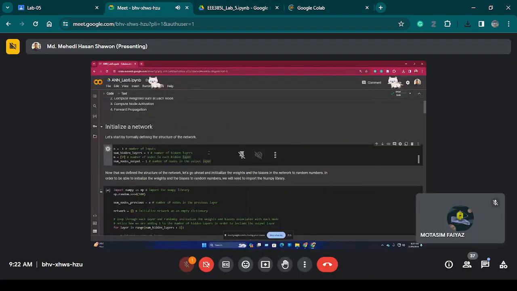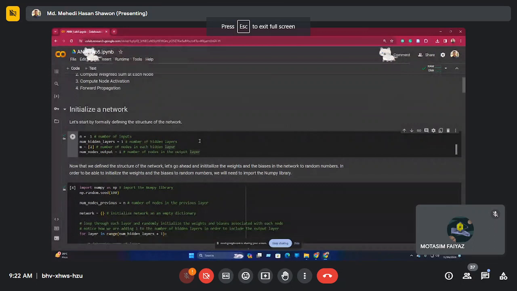Like we said before, in a multi-layer perceptron model, you'll have to design the architecture: how many hidden layers should be there, how many nodes in each layer. You can decide those parameters. So suppose at first you have one input, one hidden layer, and the number of nodes in the hidden layer is 2, and one output.